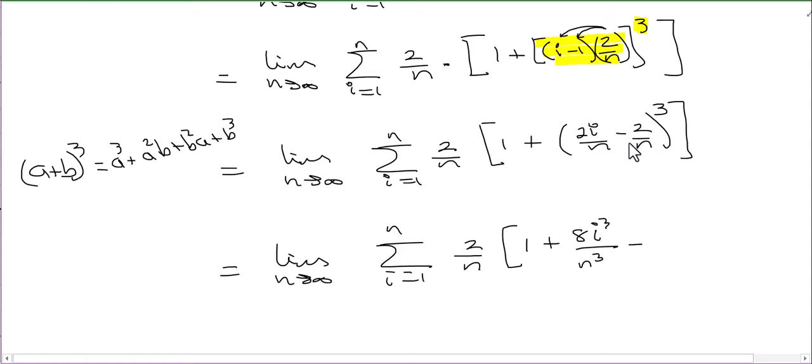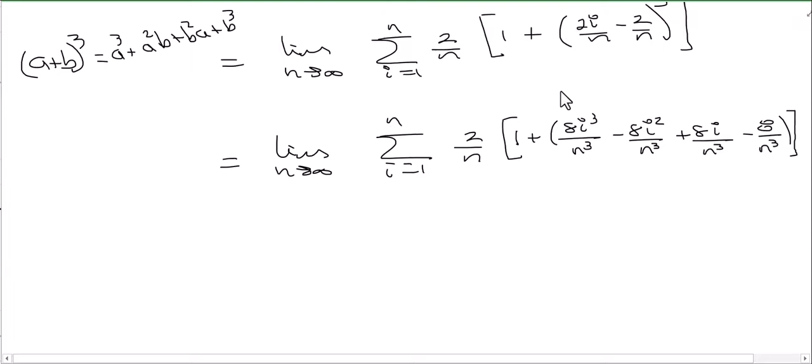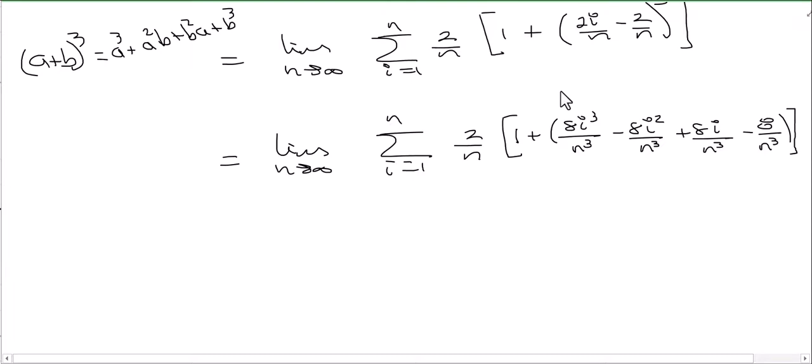Because b is the minus 2 over n. So minus a squared b, so 2 squared, i squared, n squared, and then times b. So once you multiply everything out, this is what you should get. I encourage you to try that on your own and make sure that we get the same thing.